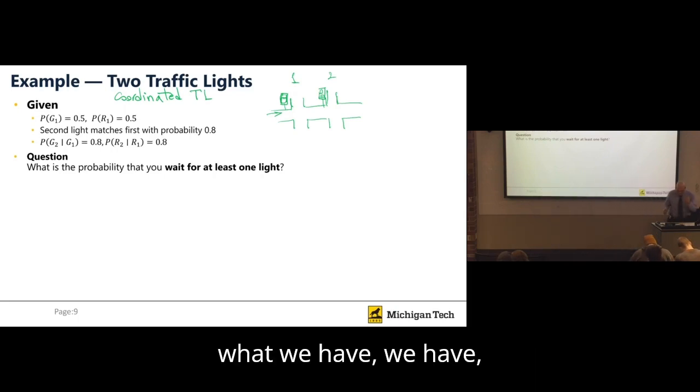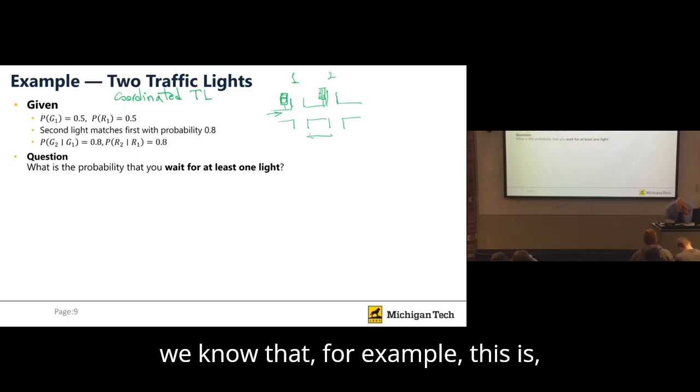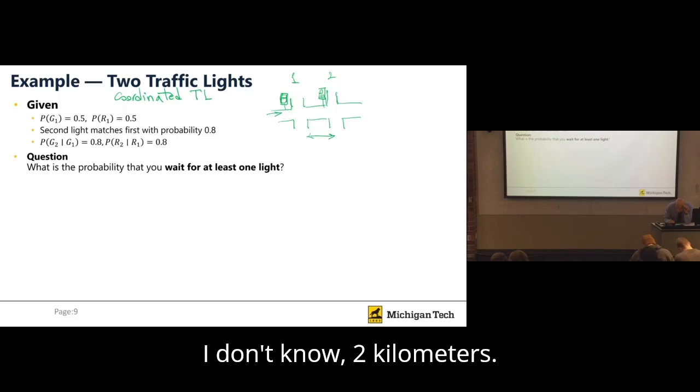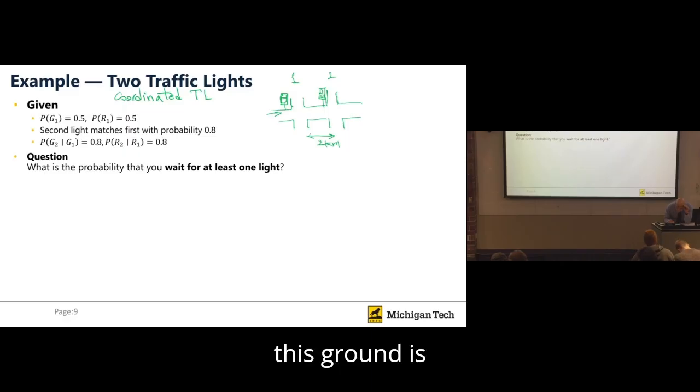Okay, what we have, we know that, for example, this is, I don't know, 2 kilometers. We know the maximum speed on this road is, for example, 45 miles per hour.